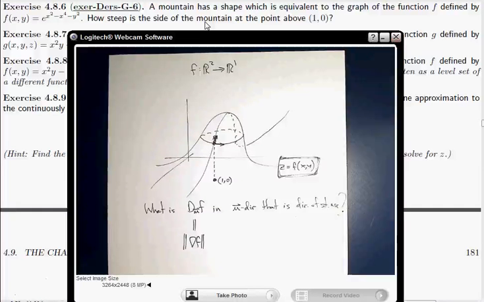Questions? Okay. What if the question asks for the rate of change? That wouldn't be a very well-phrased question, because the rate of change of the function depends on which direction you're moving, and nowhere in the problem did it say you're moving in a particular direction.